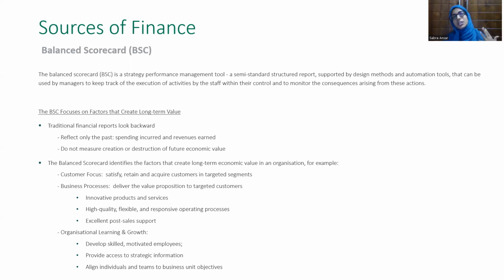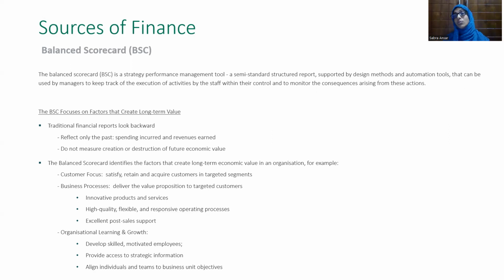Here, it considers things such as innovative products and services, high-quality, flexible, and responsive operating customer processes, and excellent post-sale support. All these business processes are included in the balanced scorecard.